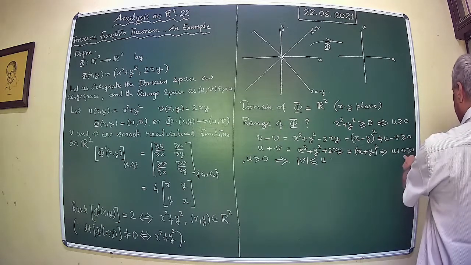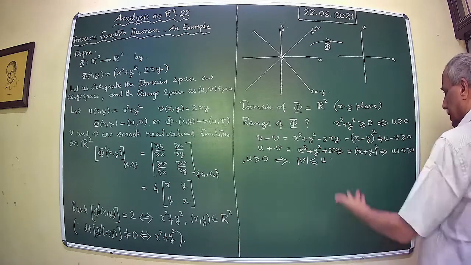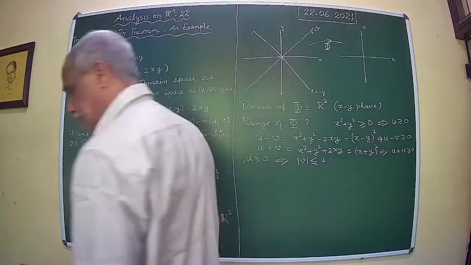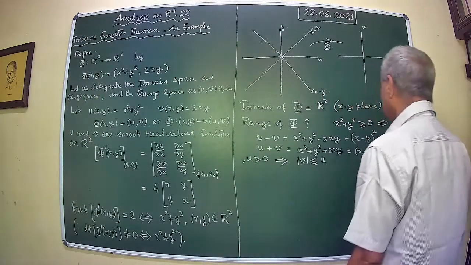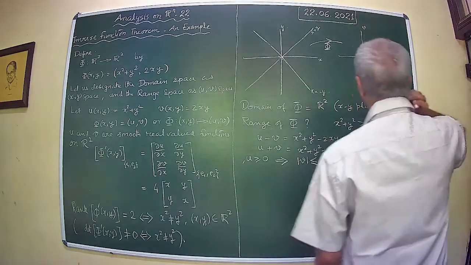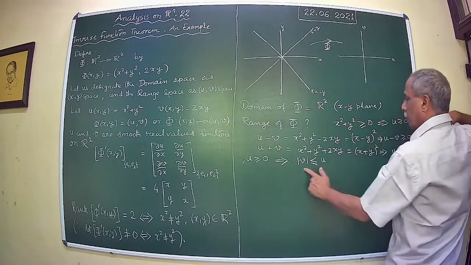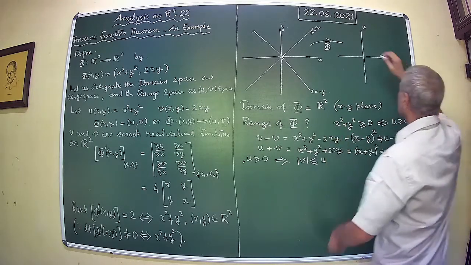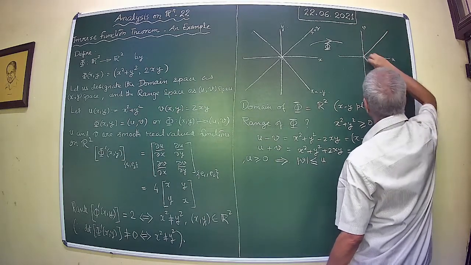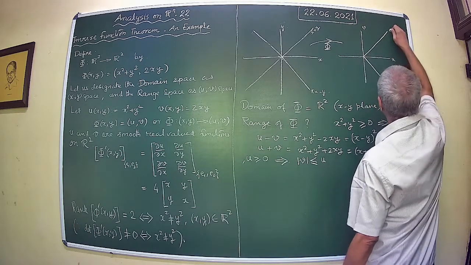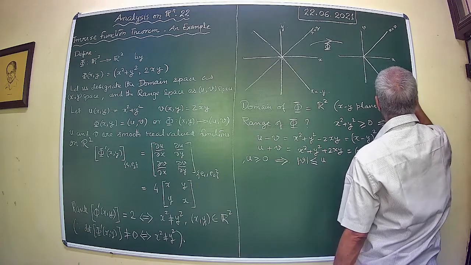Let us take v negative, then u is greater than or equal to minus v. So that gives this. Okay. So from this we conclude that mod v is less than or equal to u. So what is that? So this is v equal to u and v equal to minus u. So you have u greater than or equal to 0. This is the region. This is u equal to v, v equal to minus u.